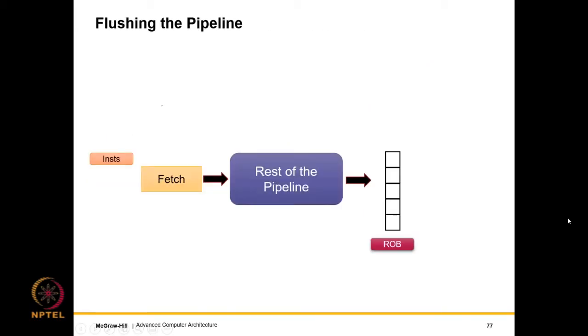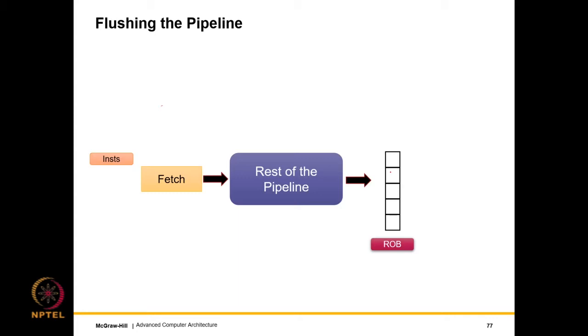Let us now look at a visualization of the pipeline. In the pipeline, we'll not show much. What is shown here is the fetch unit. The fetch unit fetches instructions. They pass through the rest of the pipeline, and finally the reorder buffer maintains a record of all the instructions that are in flight.